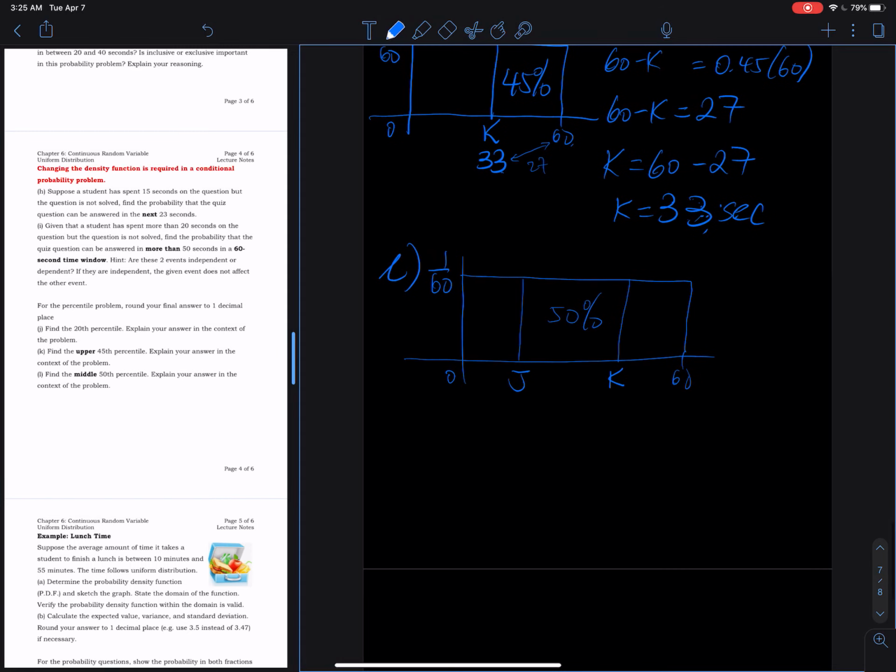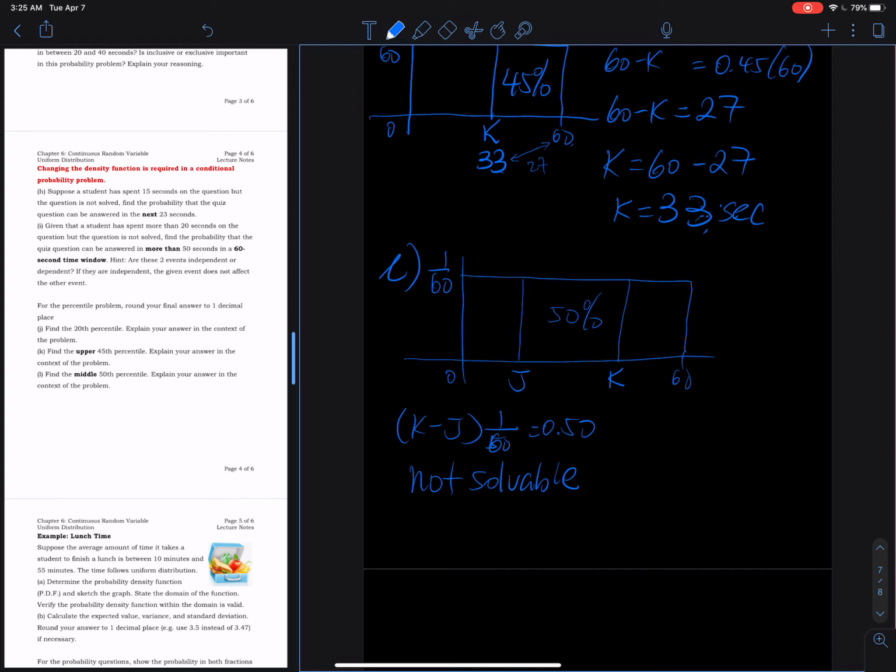What do I mean by two unknowns? When you solve an equation, you take K minus J times 1 over 60 equals 50%. This is not solvable. You multiply 60 on both sides, that is still not solvable.